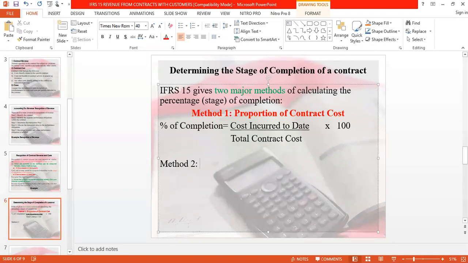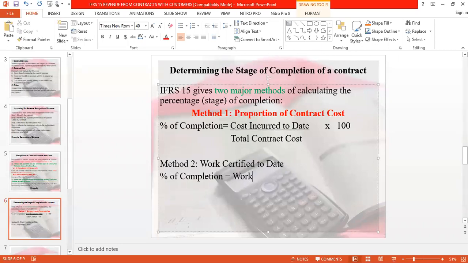Method 2 is called work certified to date. So in this method, percentage of completion will be equal to work certified.